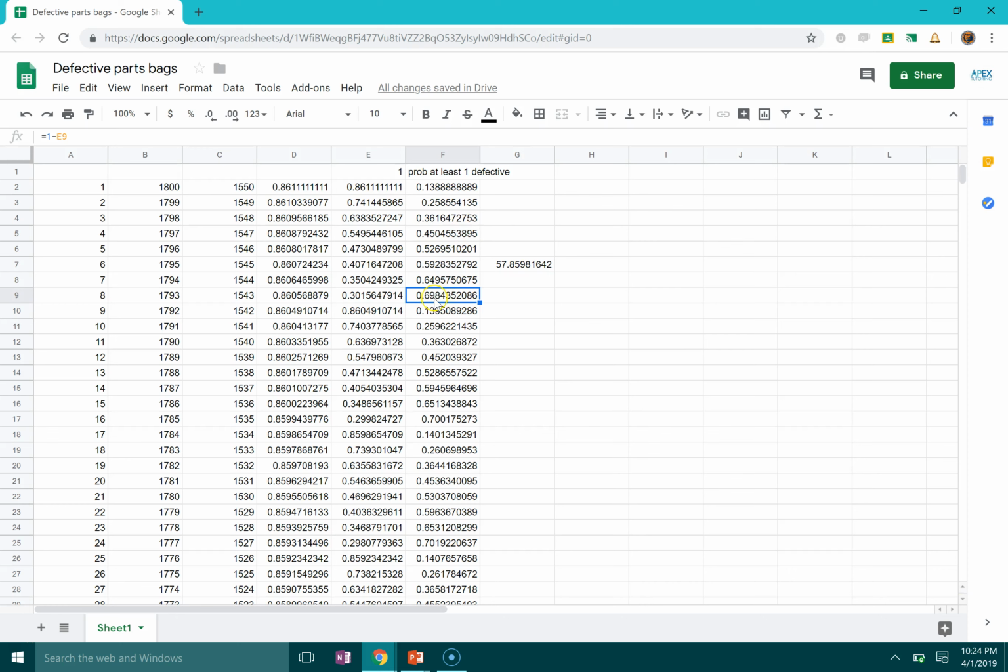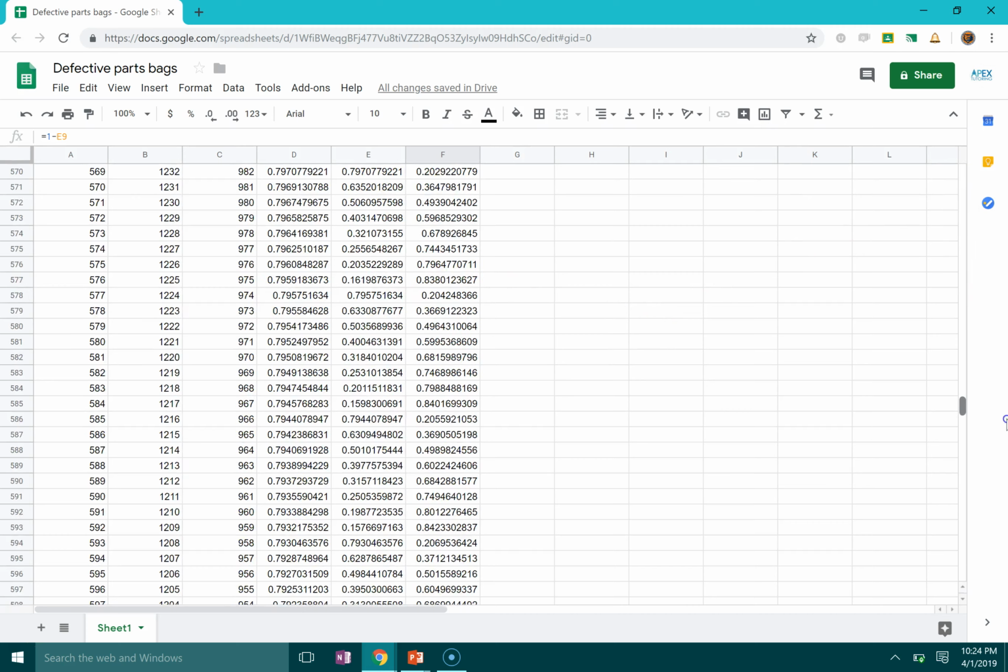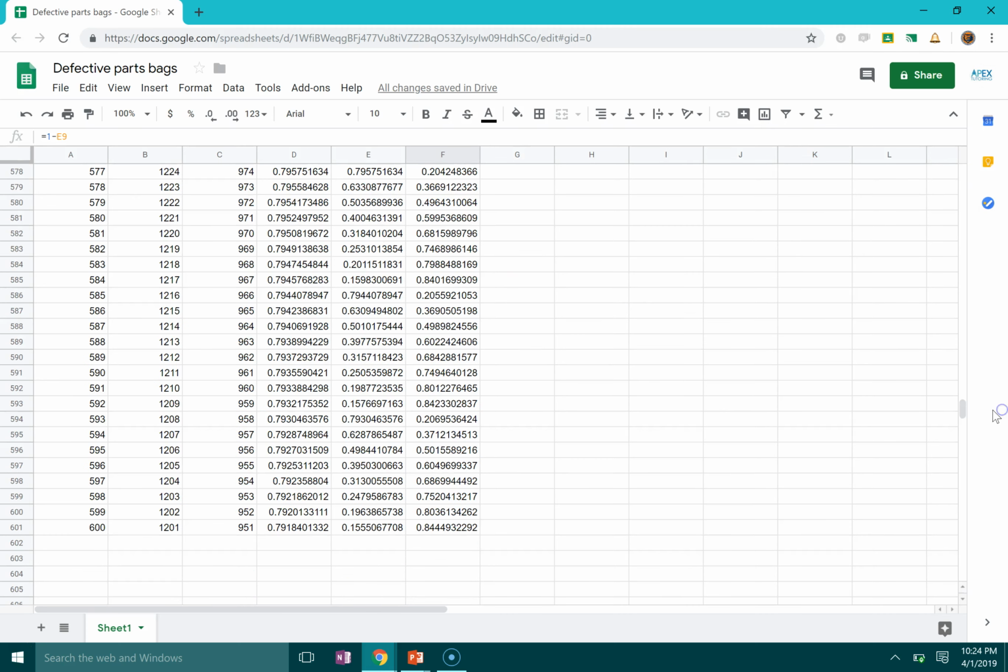Okay, so we start with a 70% chance, and 70% of 75 bags would be about 50 or so, somewhere in that range. But by the end of this, when we get to part number 600, now we have an 84% chance of having at least one defective part in that bag.